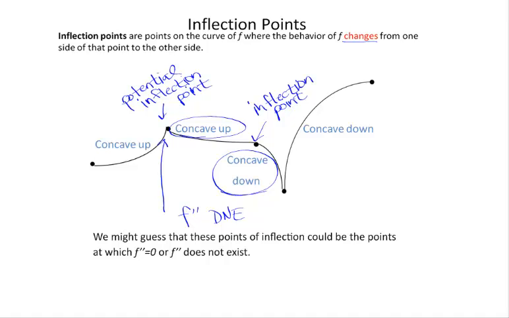change. So I'm going to come over here somewhere and get a test point and put that test point into my second derivative, and clearly I'm going to get a positive value out.